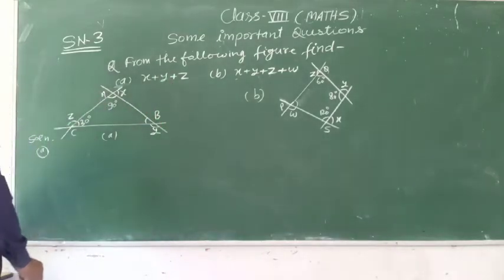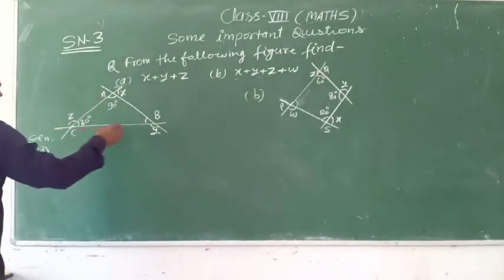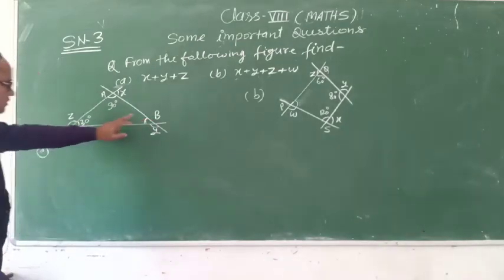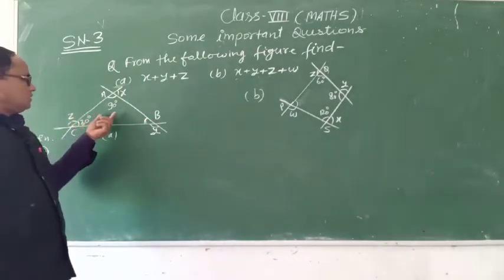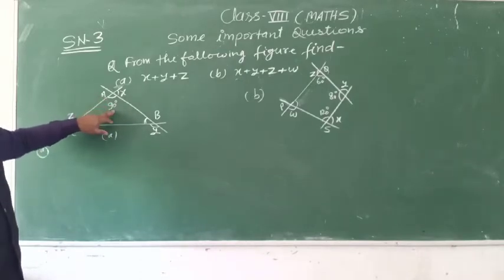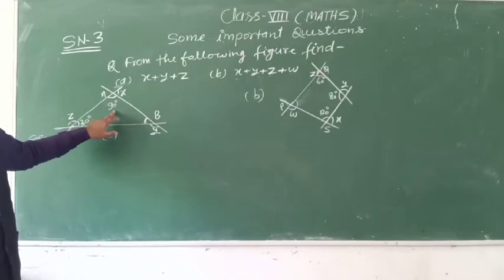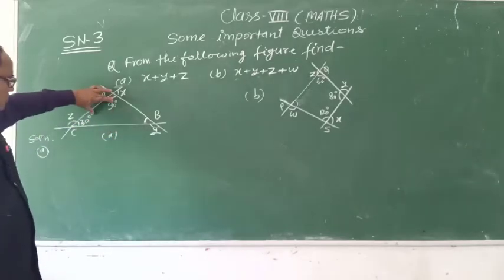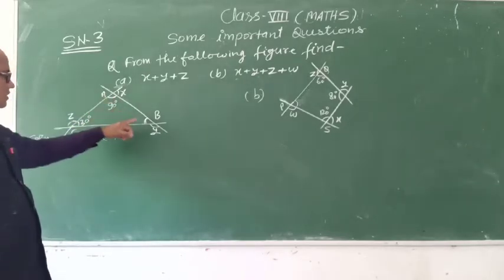solve it. In this case angle B is not known, and you know that the total of the interior angles of a triangle is 180 degrees. Here two angles are known but B is unknown.